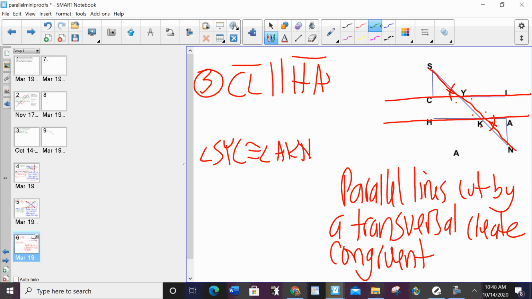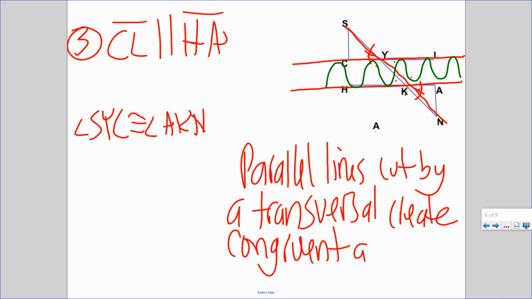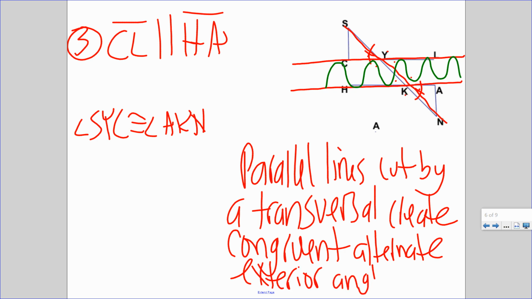So I like to color in between. Both of those angles are outside the parallel lines. So since they're both out, they are alternate exterior angles. Since there was only one transversal, there's only one conclusion from this one.